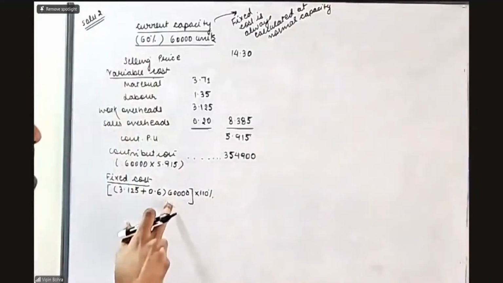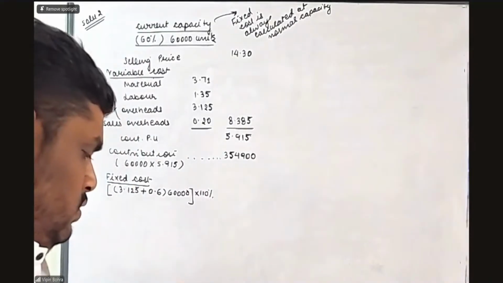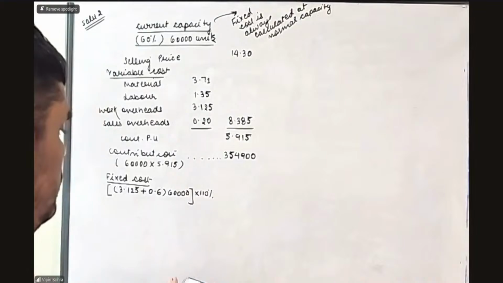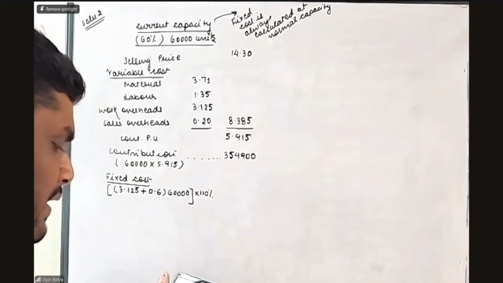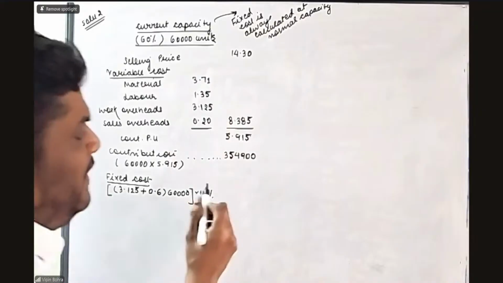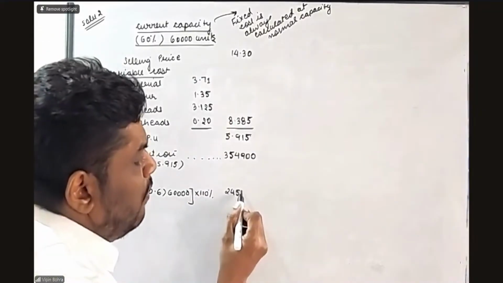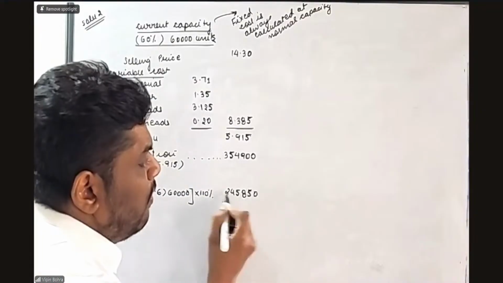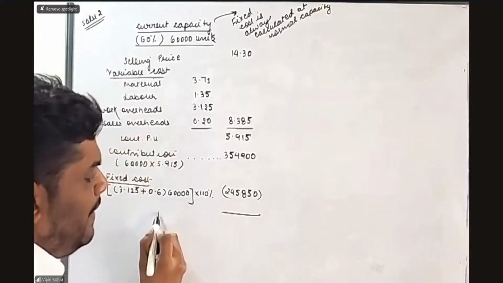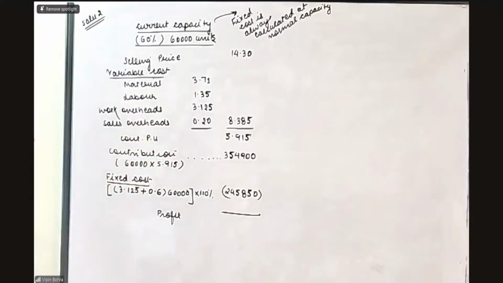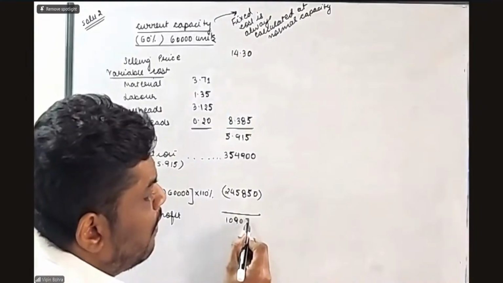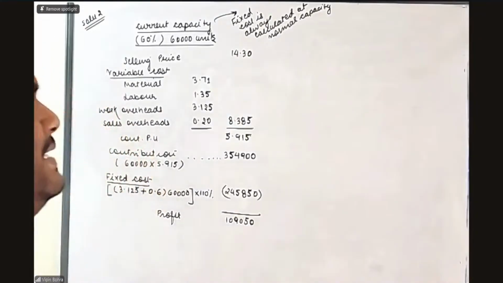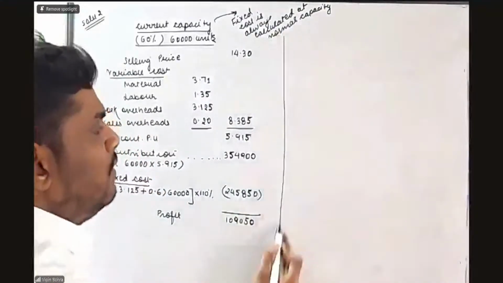So my normal capacity is 60,000 units. So 3.125 plus 0.6 into 60,000 into 110% is 2,45,850. So how much profit am I earning? 1,09,050.